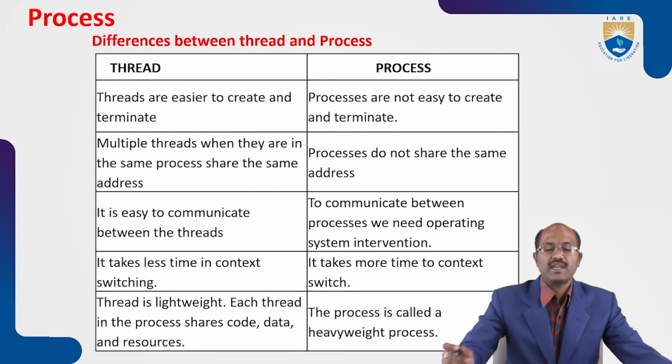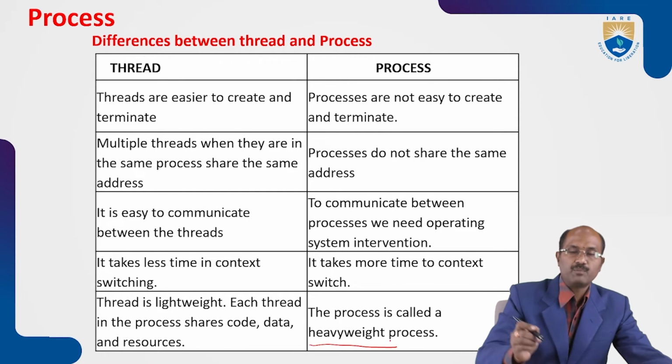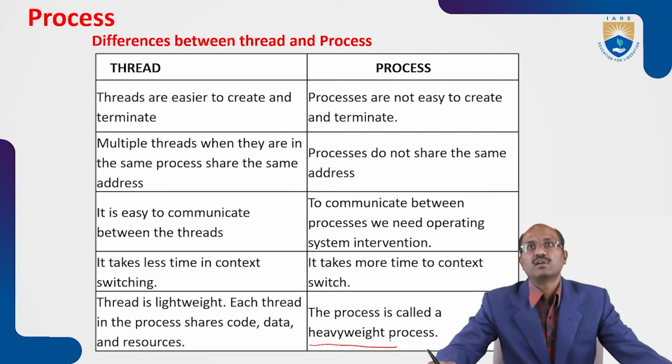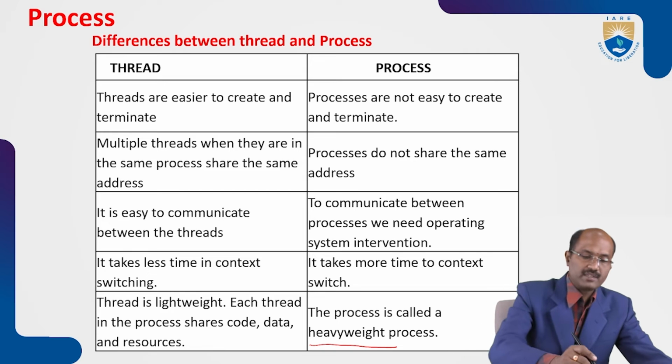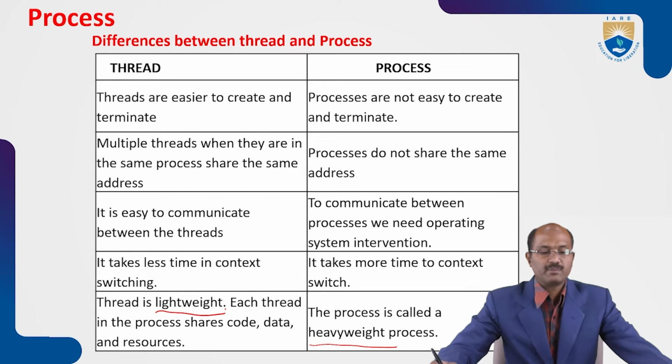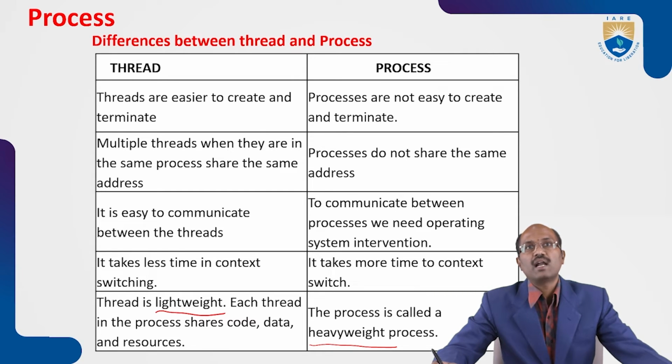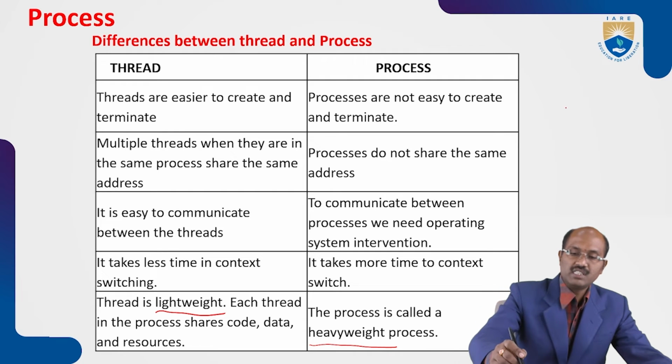Process is heavyweight, this is a very important point to note, while thread is lightweight. Very lightweight means it shares the code, data and resources itself, but a process is heavyweight. It does not share that code, data and resources. It's very heavyweight.